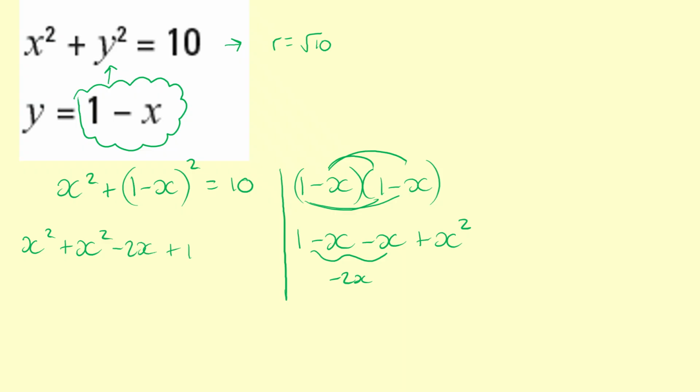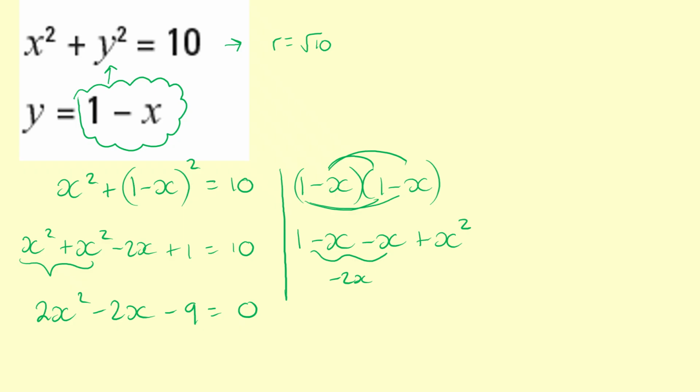Now to solve this, we need to combine those x squared. So it's going to give you 2x squared minus 2x, take away 10, gets you minus 9 equals 0. Now for this one, two numbers that multiply to give minus 9 and two lots of one of them add the other to give negative 2. This is not going to factorize.